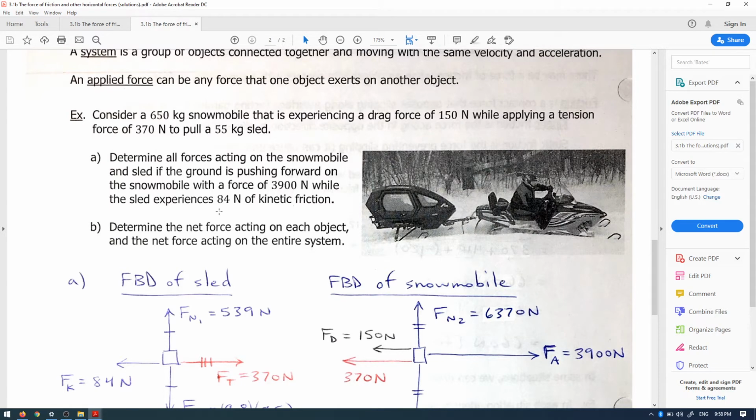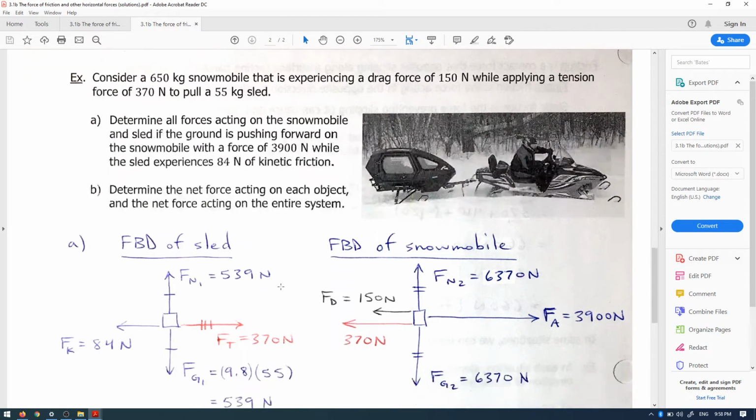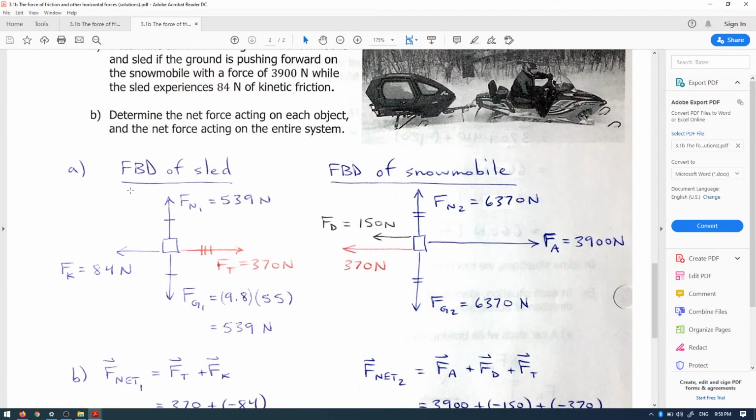But since there are two objects of consideration, a sled and a snowmobile, I'm going to make two free body diagrams, two force diagrams, okay? So the sled has these forces. It's got a tension due to the fact that the snowmobile is pulling it. It's got kinetic friction, 84 newtons backward.